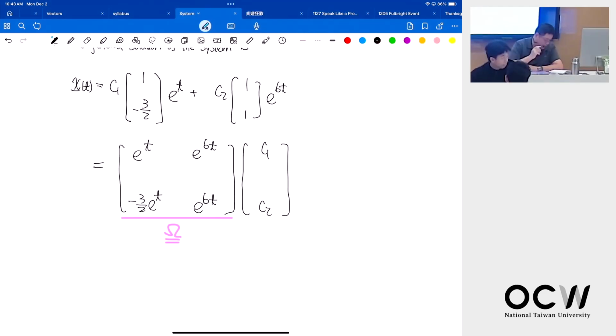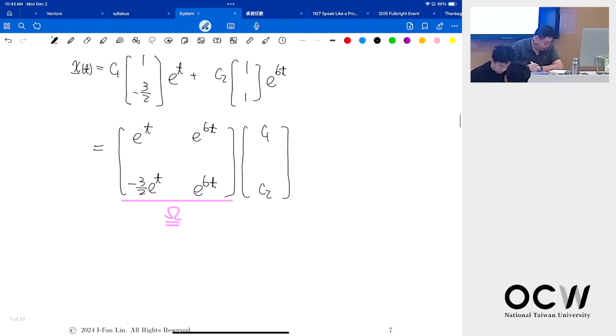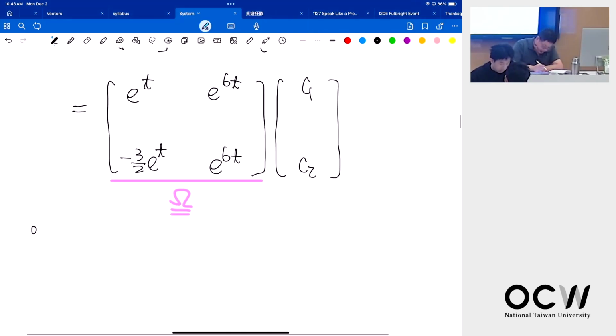You can also write down the components of the system solution, the general solution.